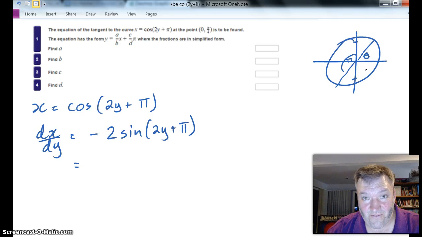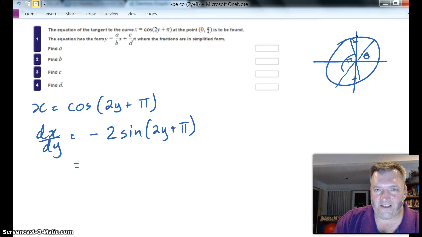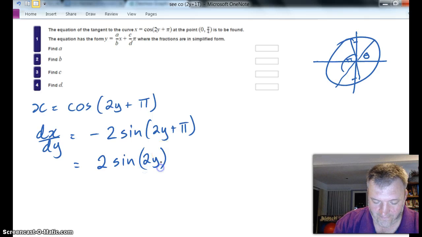If I started with a negative 1, say something down in the 4th quadrant, if I add pi to that, I end up in quadrant 2, and again the y coordinate is now the negative of what it used to be, so the negative of a negative would be positive. So that's what I'm going to do here. Sine of 2y plus pi is negative sine 2y. There's already a negative out the front, so I end up with 2 sine 2y.